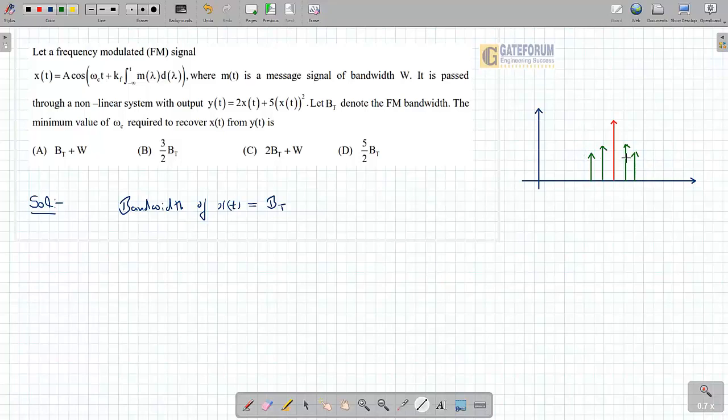They are not fixed, depending on the number of side lobes here. So I'll just write it. This is omega c, right? And these are the side lobes. You can treat them as the delta values.